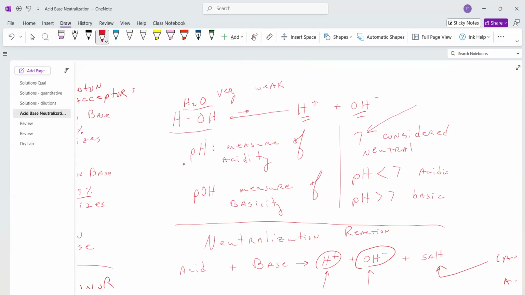Okay, now, if the pH, which is a metric of acidity, is less than 7, it's considered acidic. If it's greater than 7, it's considered alkaline or basic. Now, you'll hear this word alkaline used more than basic.